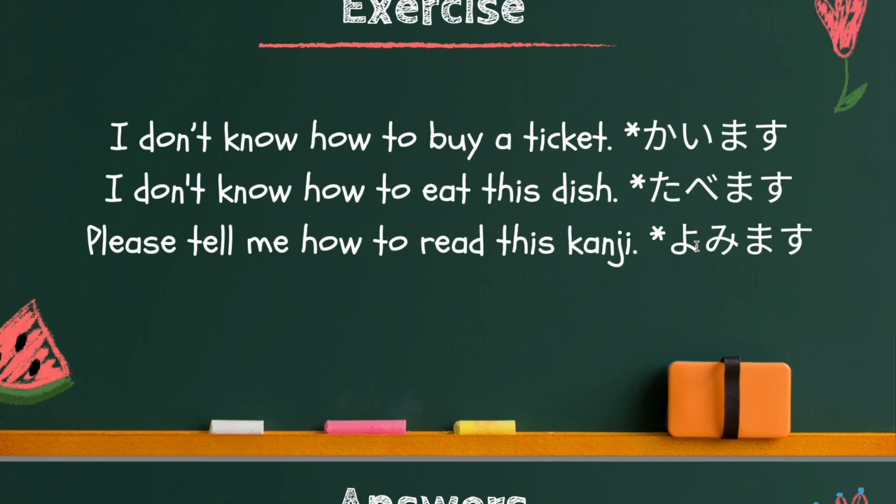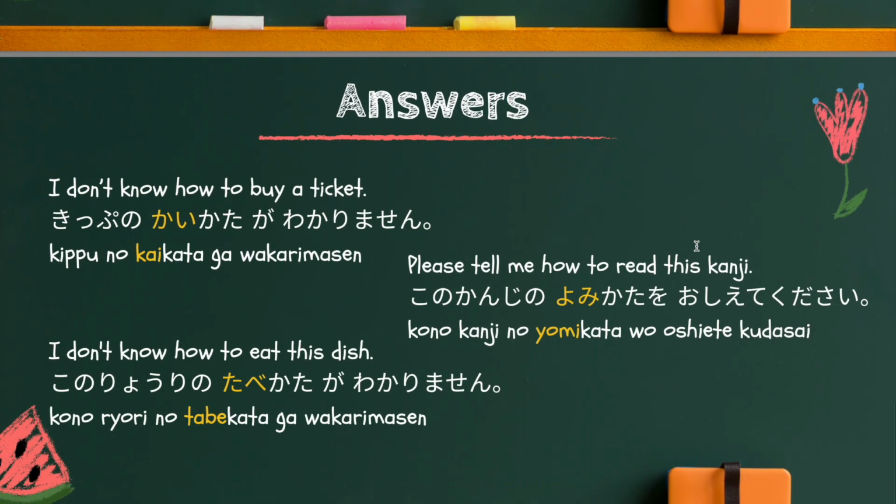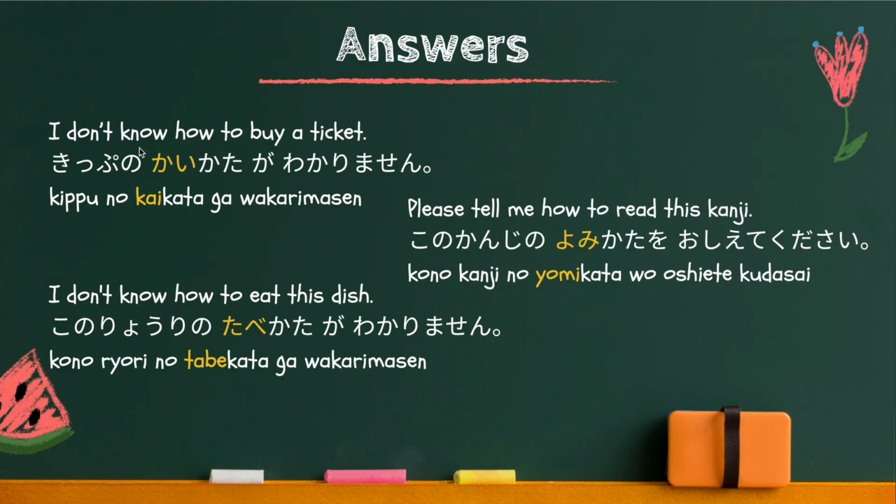Now the answers. I don't know how to buy a ticket. 切符の買い方がわかりません。How to buy is 買い方, mas stem plus kata.